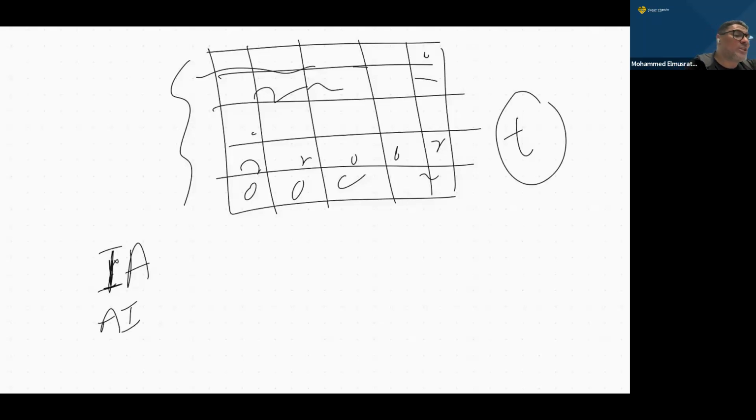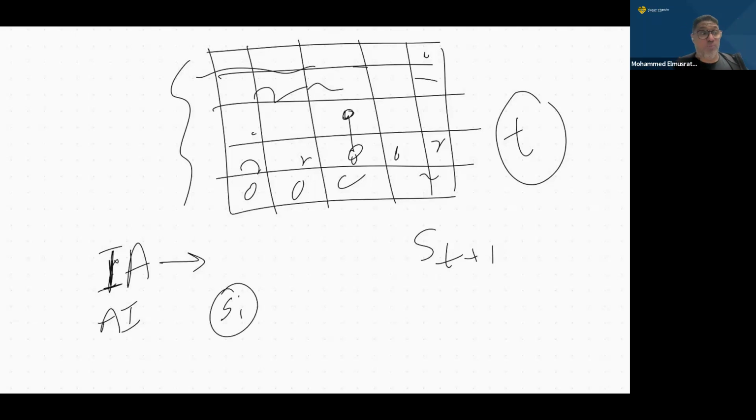But what will be the state at time t plus 1? Maybe you consider the state of the game not when you take your action, but when you complete the action. It means that you take your movement, and your opponent also takes their movement. So if you decide to move here, now you are at state I. The next state depends also on the movement of your opponent.